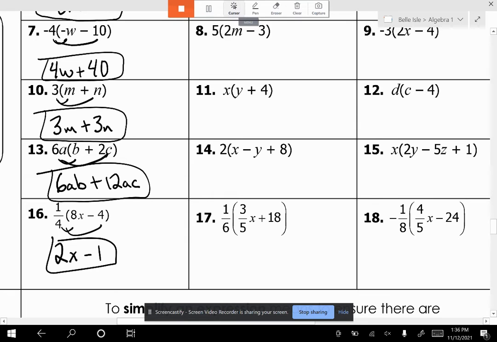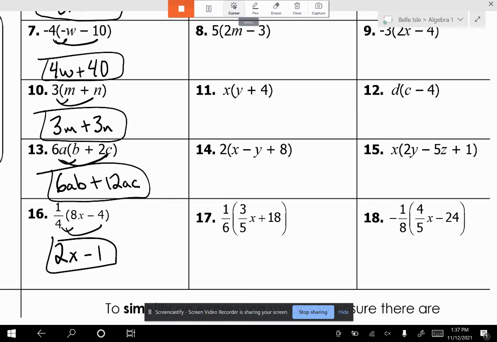It's just about getting used to multiplying these fractions together. If you have a whole number, you're multiplying that whole number by the numerator. The numerator is the top, right? Yeah. So you're going to multiply 8 times 1. That's 8 over 4.